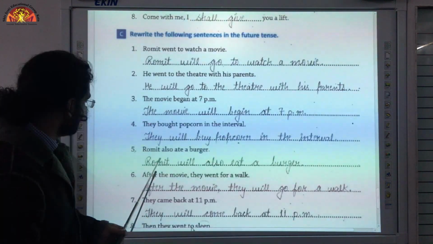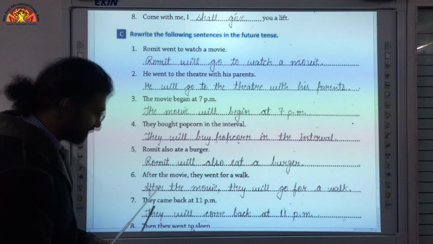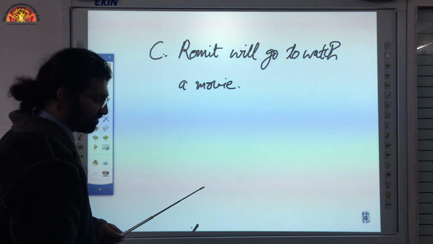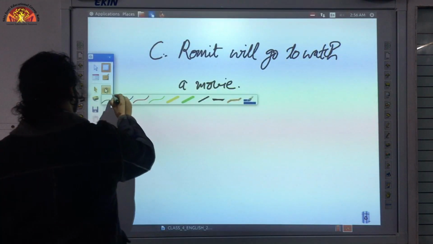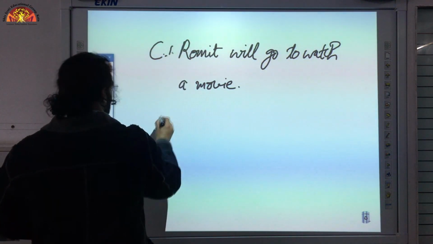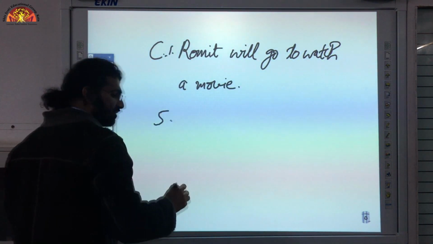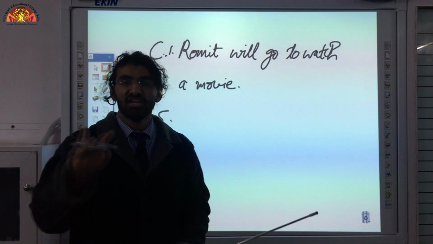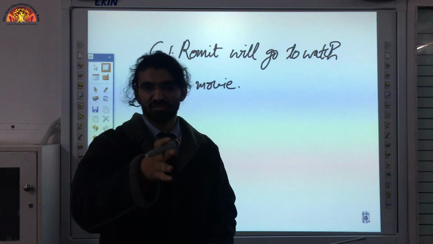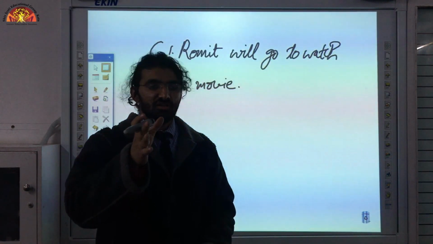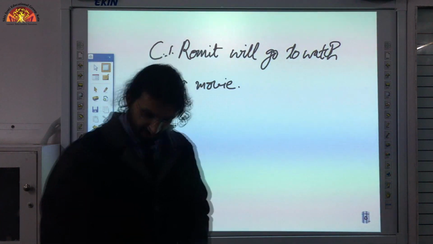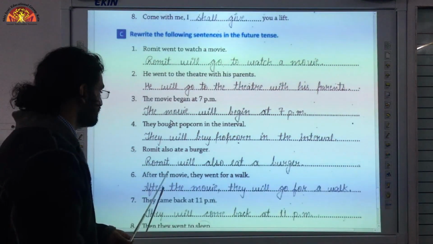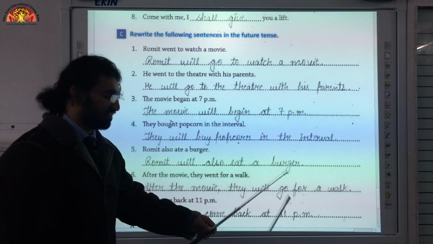Okay, let's take fifth one. I'm sure you like burger. Romit also ate a burger. This was the first one. Now we will take the fifth one. Romit also ate a burger, which means it happened when? It happened in the past. Ate, A-T-E, ate, past tense form. So Romit also ate a burger. It's of past tense. We have to convert it into future tense.